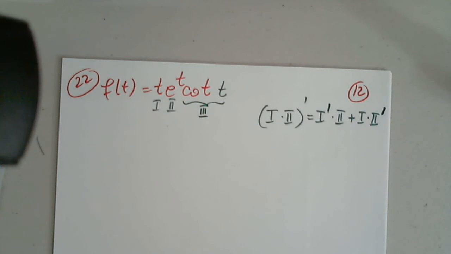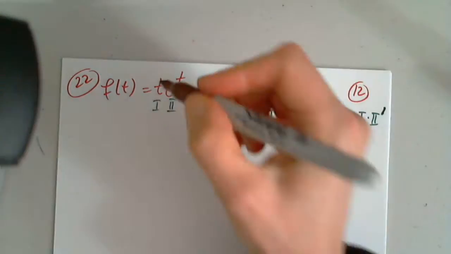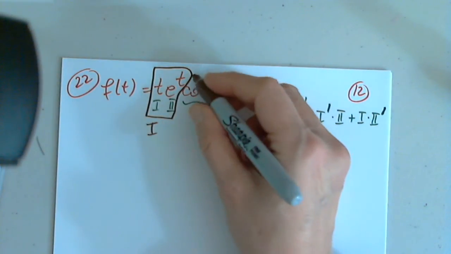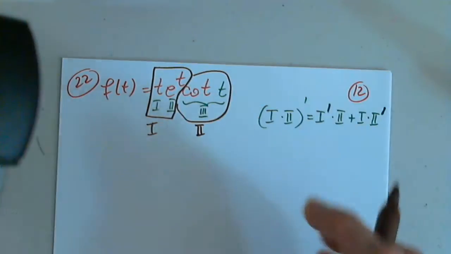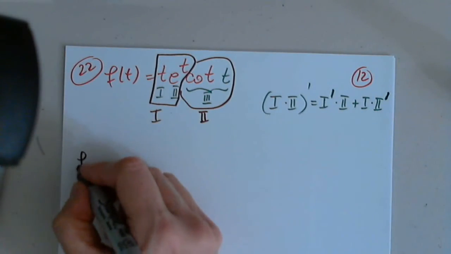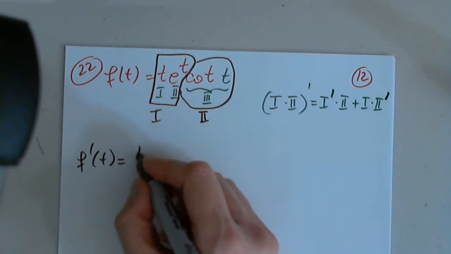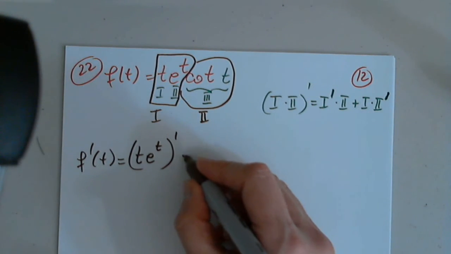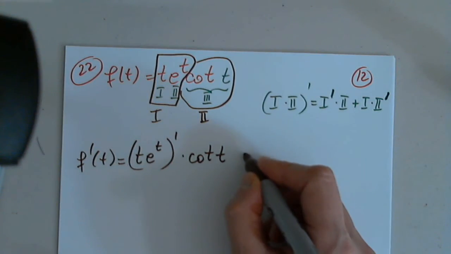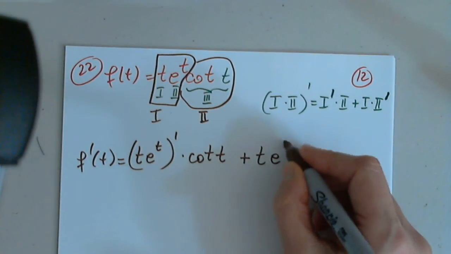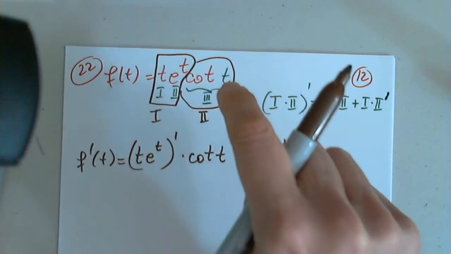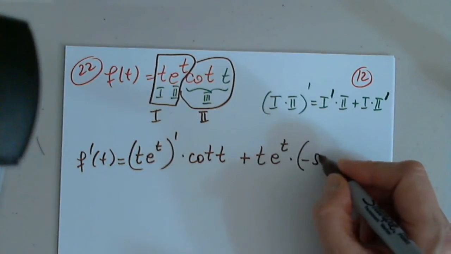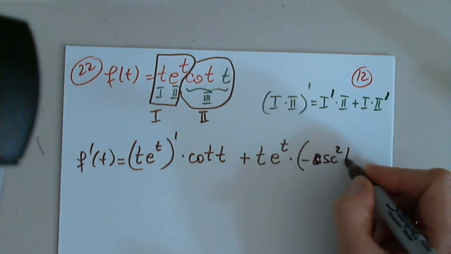But that's okay. Here's what I'm going to do. I'm going to consider this 1. I'm going to consider this 2. So then f prime of t will be t e to t prime times cotangent t, and then plus t e to t times cotangent prime, which is negative cosecant squared t.